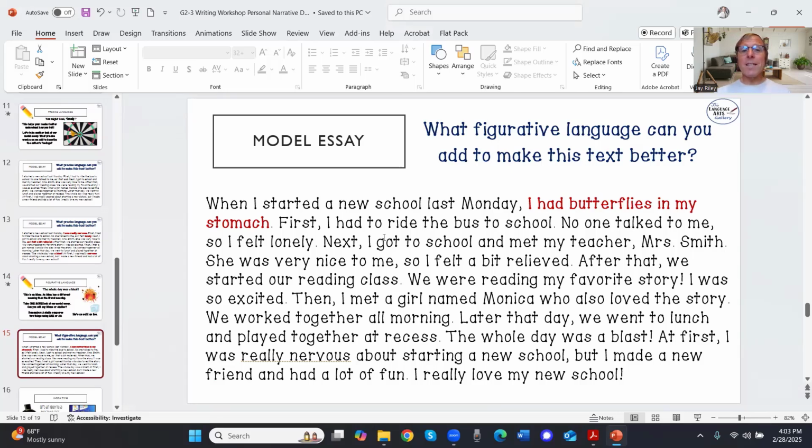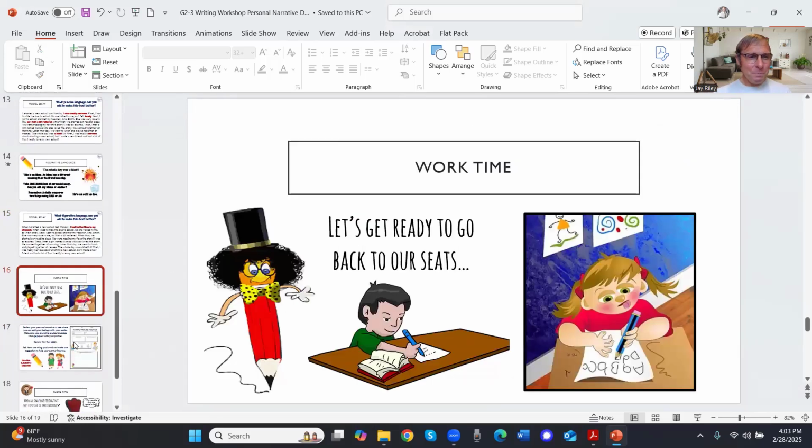So these are all things that you can teach. If you do your centers in the morning, if you're going to do an ELA mini lesson, I might do a lesson on idioms or on similes, metaphor, maybe personification, something like that. Any type of figurative language. And then bring that in to my writing workshop lesson in the afternoon.